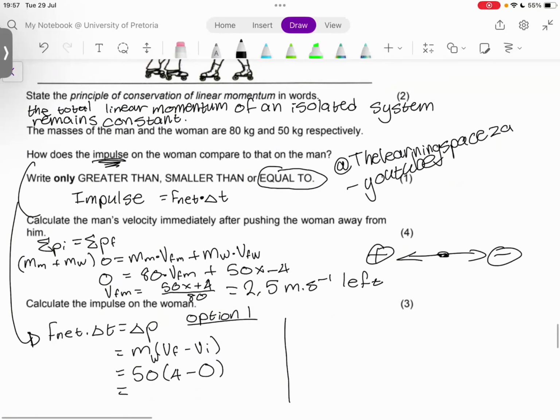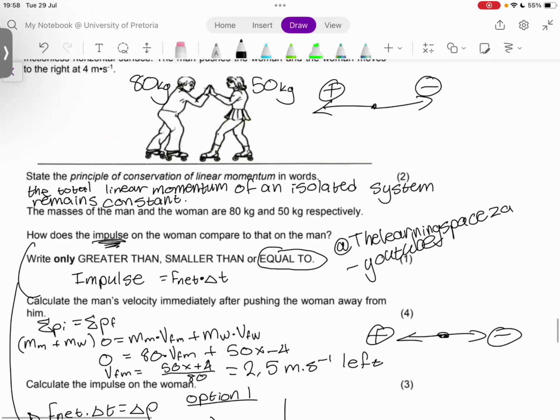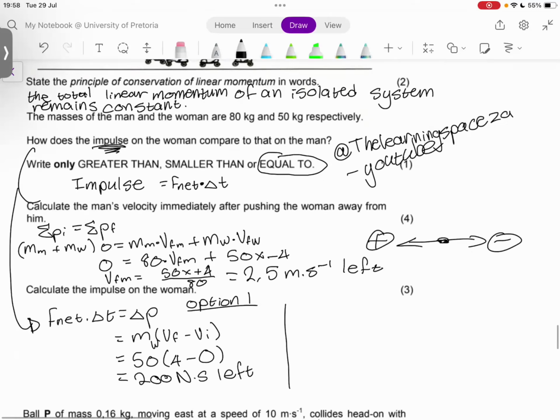If I solve for this, I then end up with 200 Newton seconds left. No. For the woman, the impulse is going to the right, yeah.